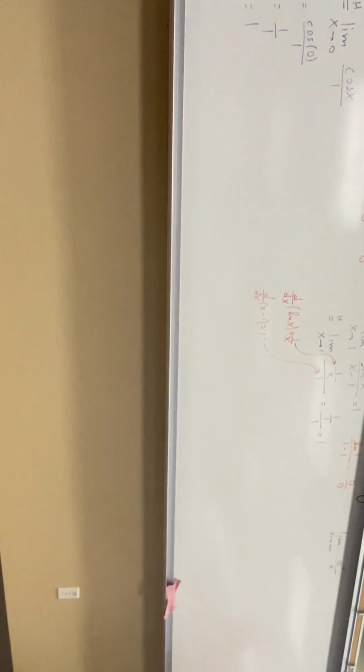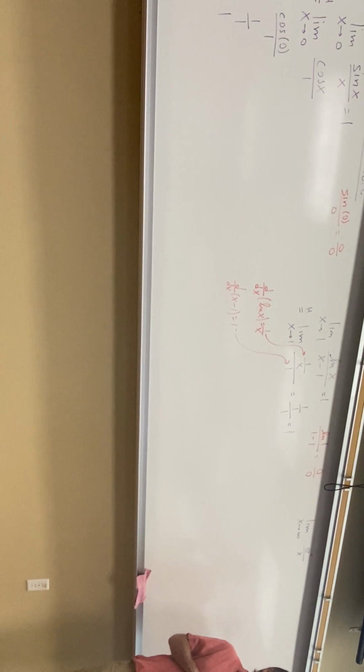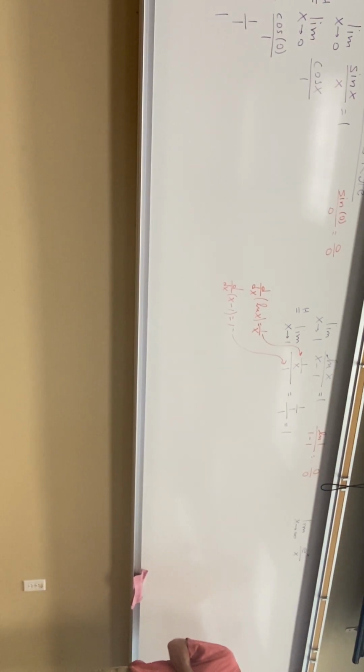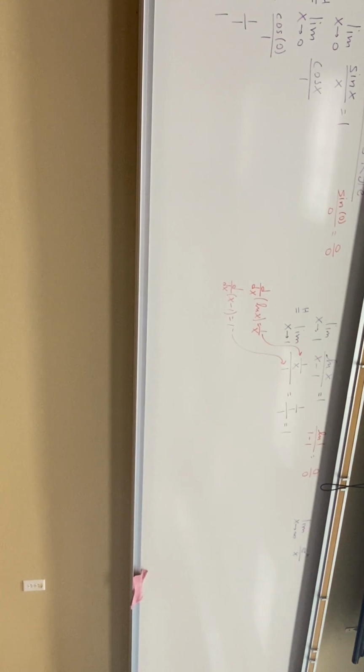Sorry, I have a question. At what point do we plug in whatever the limit is? Every time we do a step, basically, we plug in what the limit is to see what we get. So what happens when we try to plug it in here?